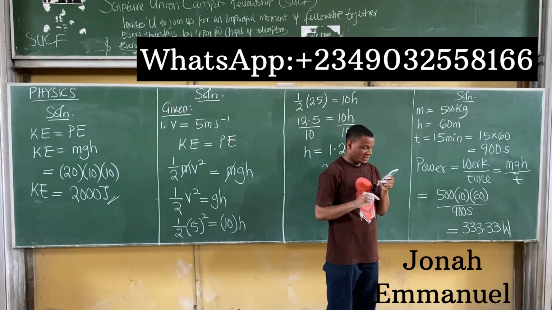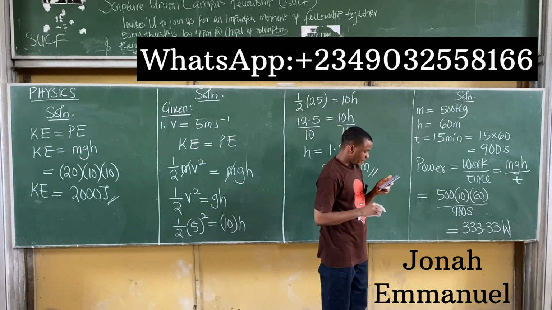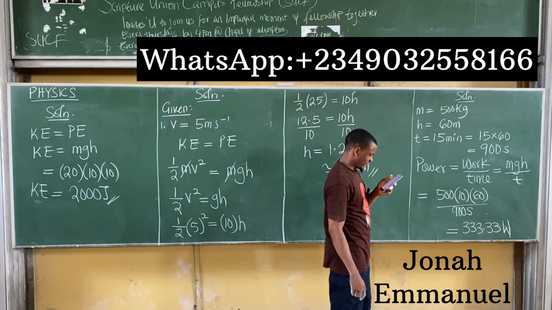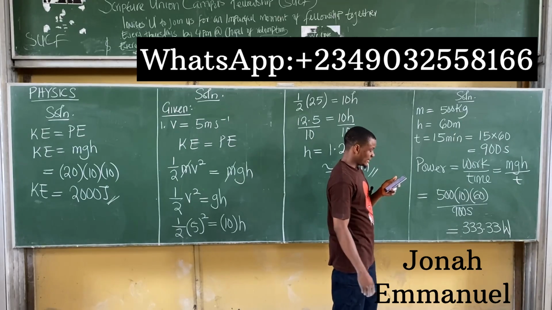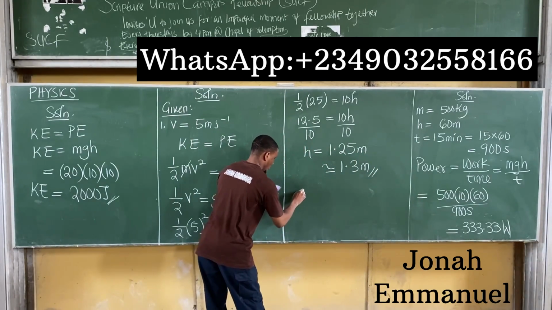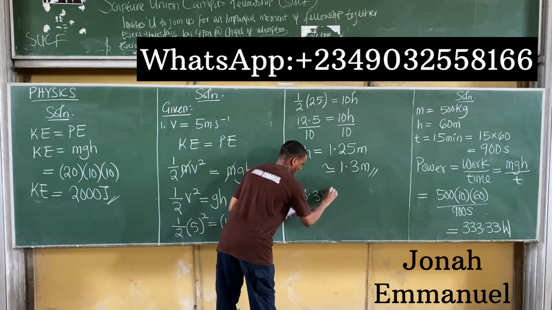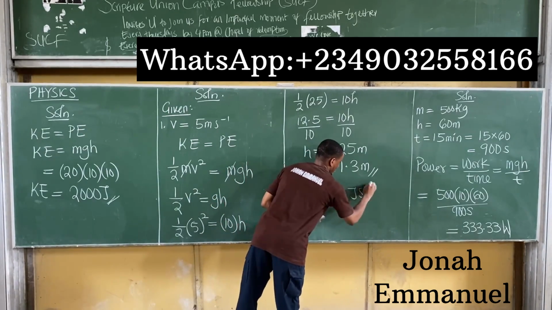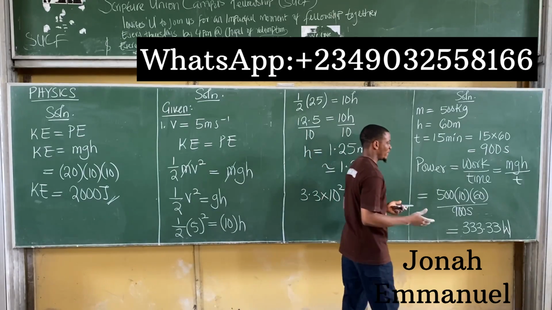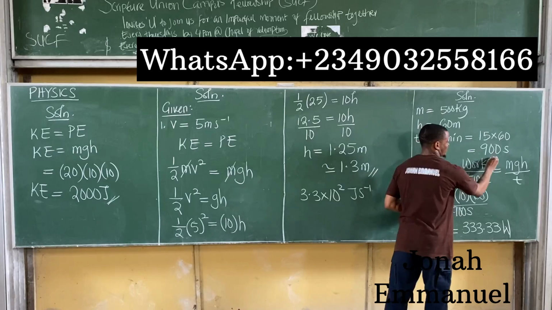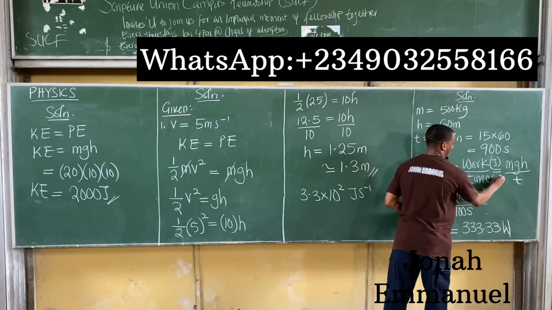If I look at this, the option here would be between C and D. You have 3.3 times 10 to the power 2, so your answer there should be D. D is given as 3.3 times 10 to the power 2 joules per second. Another unit for power is joules per second, because work is measured in joules all over time in seconds.